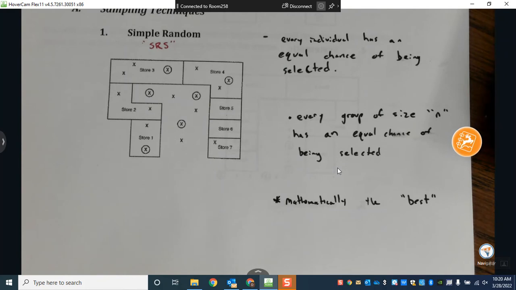So from a math standpoint, it's best, but in actuality, it has some flaws that we might not like. We're going to talk about that in a second. So mathematically, it's the best, but here's a flaw with it.